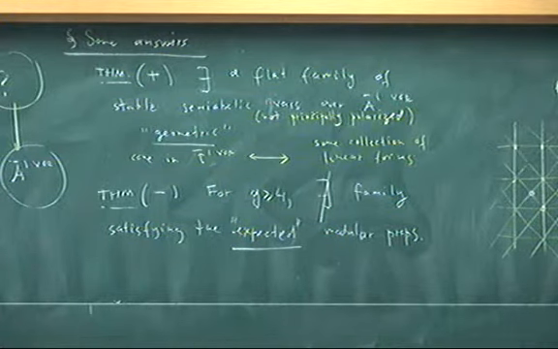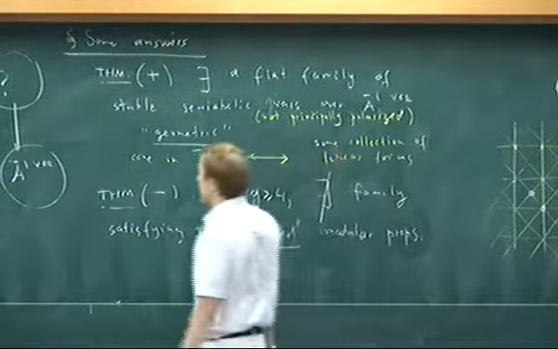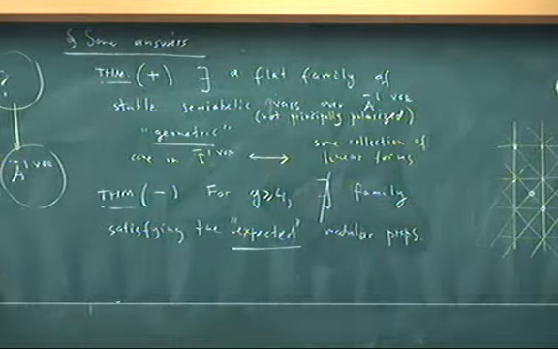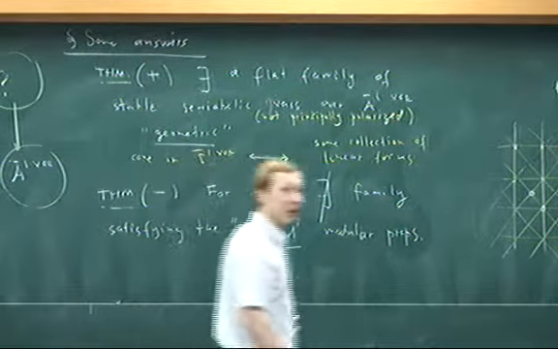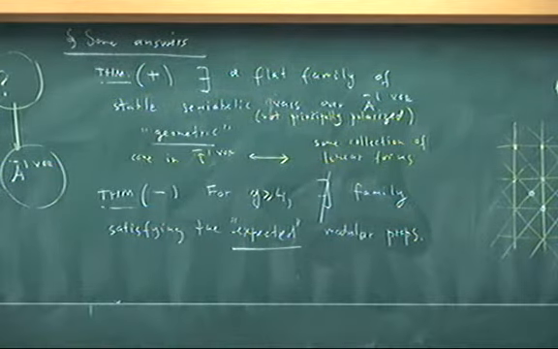Does that reflect the fact that you don't get a map to M_g? I would say A_g. Which map? I'll discuss that next. That will be my last subject, that extended Torelli map.